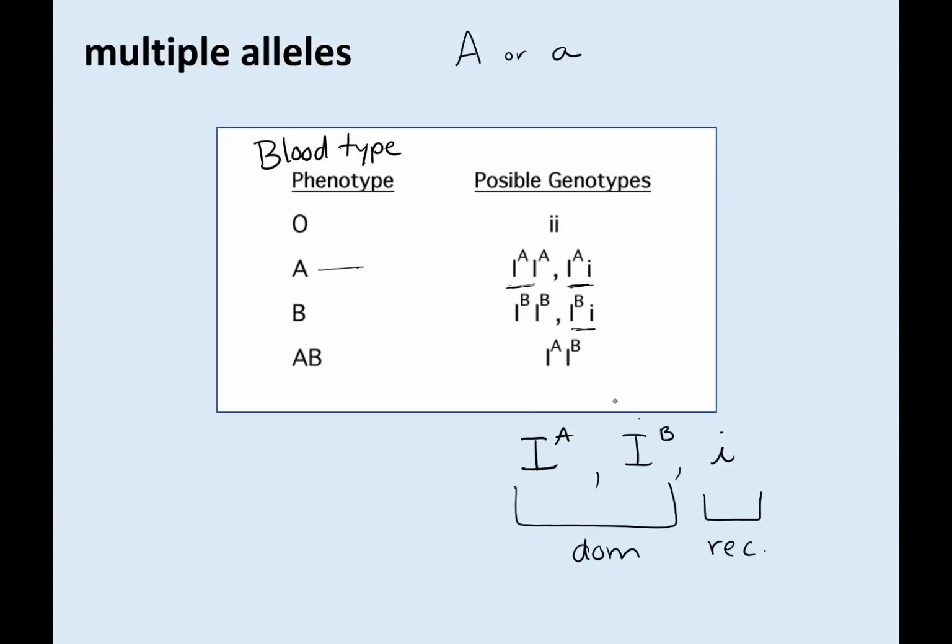But what's also interesting is these guys, you notice they're both capitals. Together they are codominant. So if you have the A and B allele, you have blood type AB. But if you have the A and the little i allele, you have blood type A. So you can be homozygous for A or heterozygous and still have the same blood type.